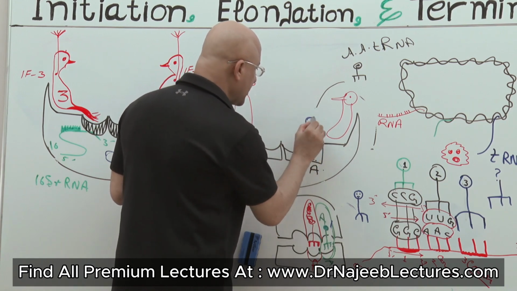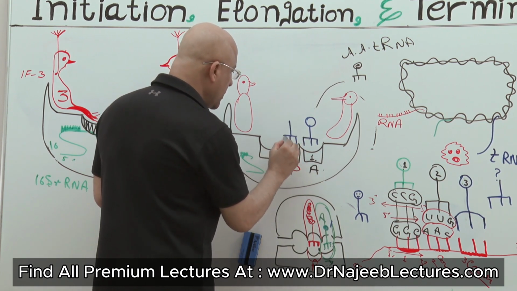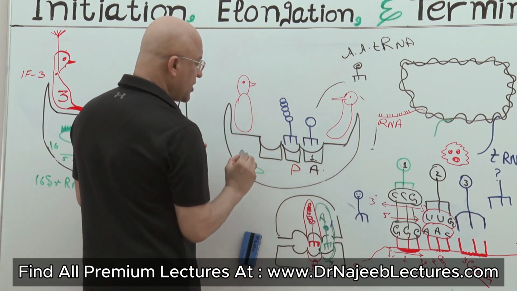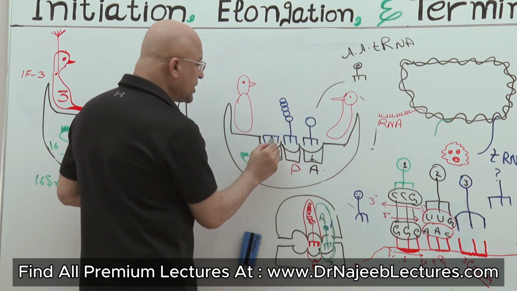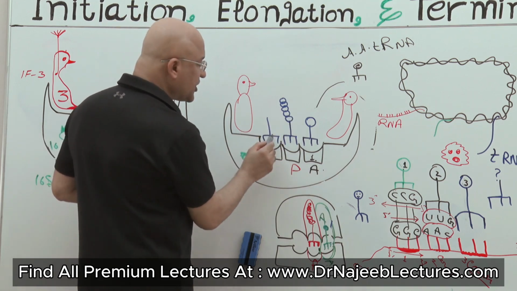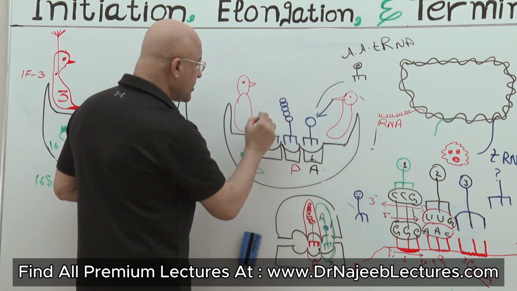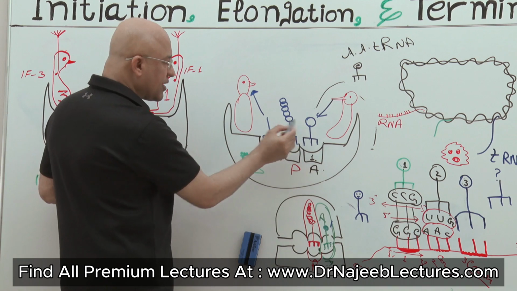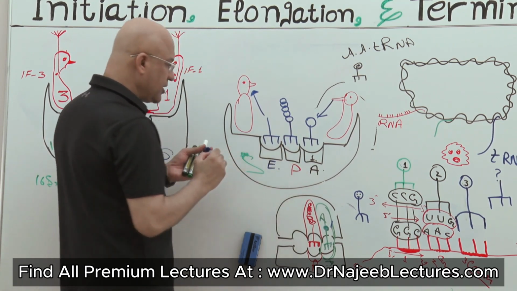Here was transfer RNA with the newly formed chain, right? And here is the transfer RNA which has given its amino acid to the peptide chain, and now it is about to leave. This is going to exit. Because this is going to exit, we call it the E site.